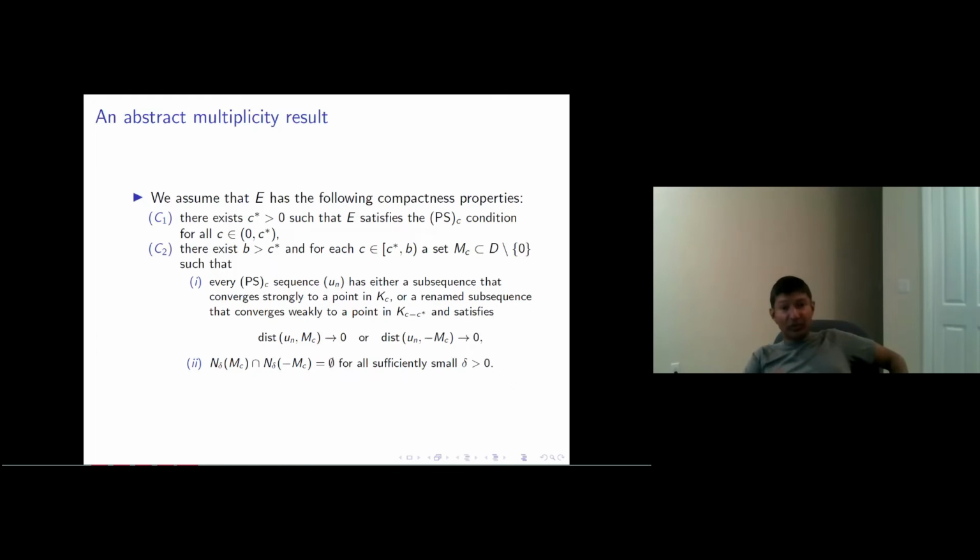So this is basically what we are going to replace the PS condition with. This is weaker than the PS condition, but what we found was that you can work out many of the things in critical point theory that classically assume the PS condition by replacing the PS condition with these weaker conditions.